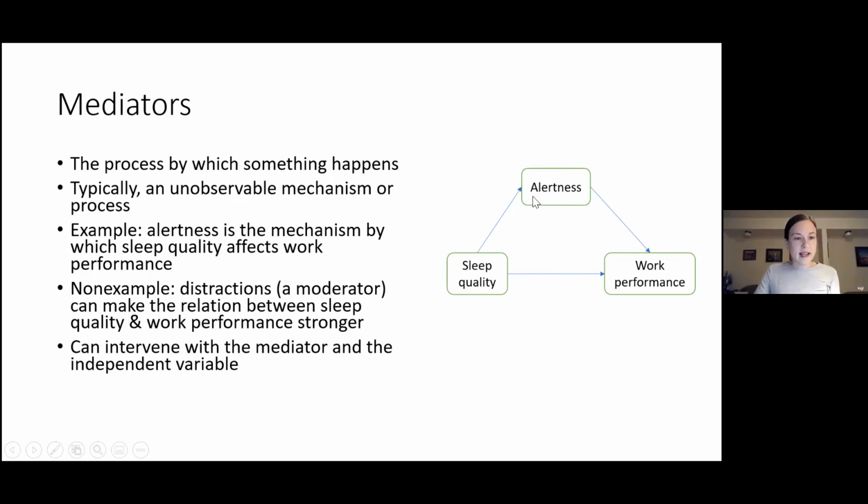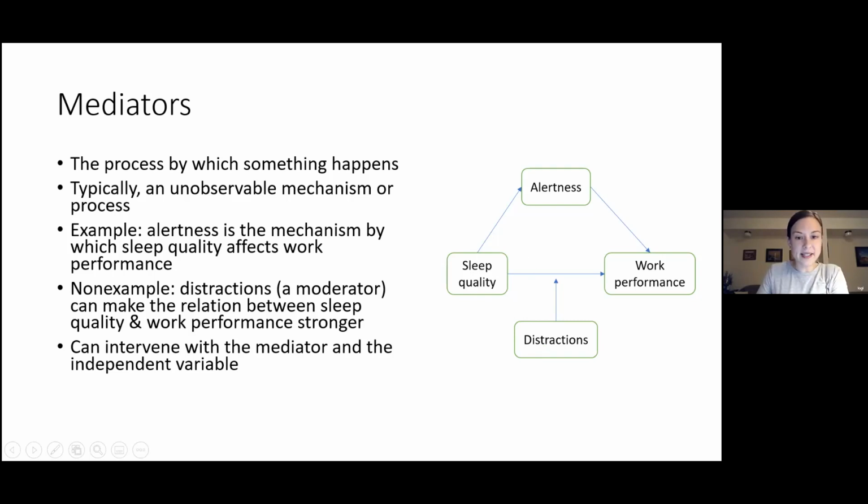A lot of times mediating processes get confused with some other similar processes called moderators. For example, a moderator of this relationship between sleep quality and work performance might be distractions. Distractions are not the process by which sleep quality affects work performance.